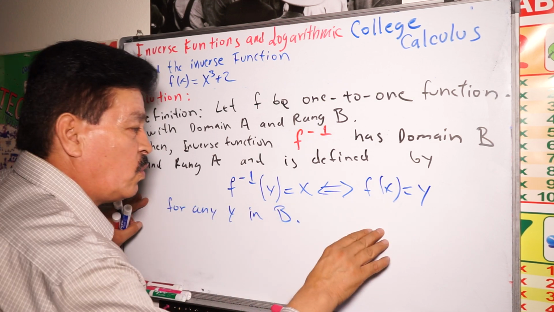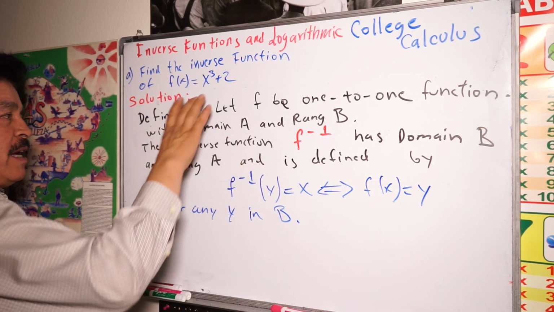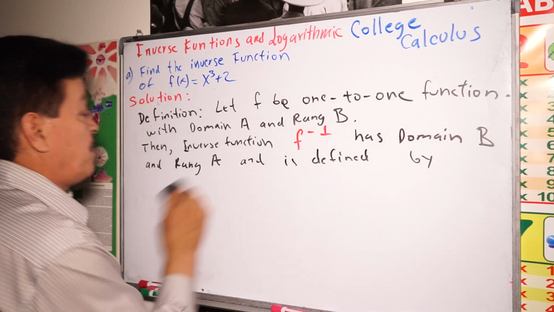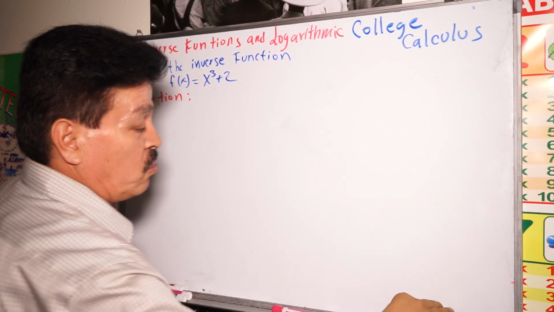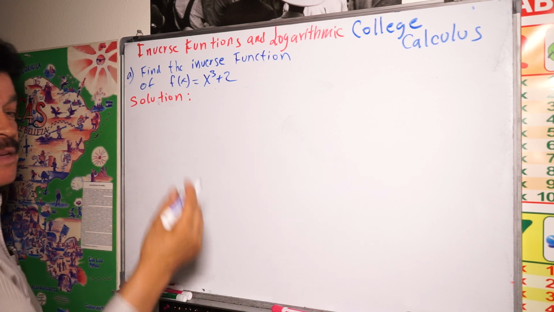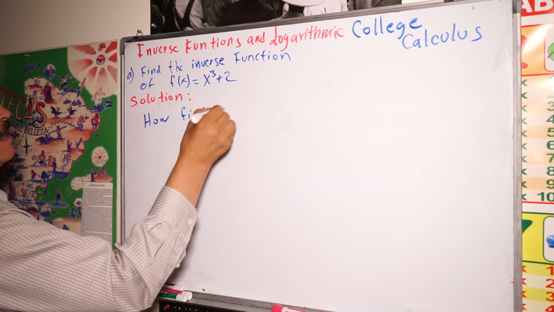Actually, you see this formula, this is the meaning of the inverse function, but I write some words here, because sometimes it's confusing. Okay, now let me write all the steps of how to find the inverse function.